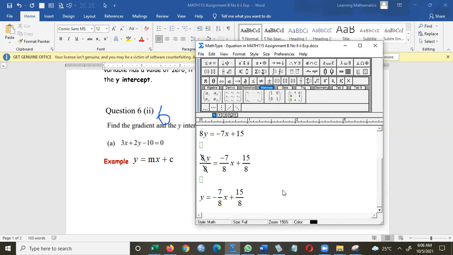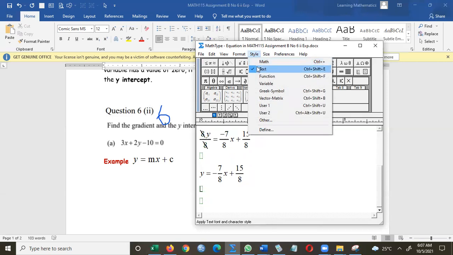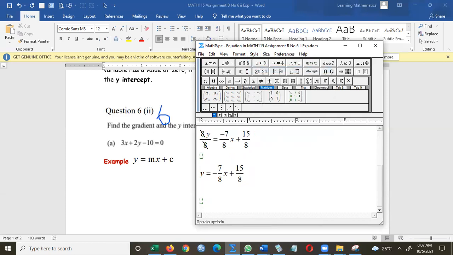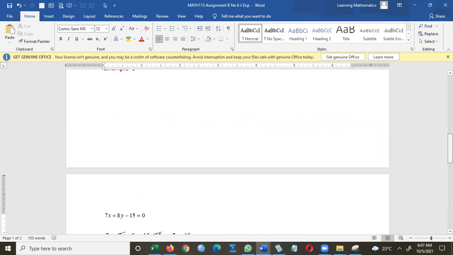So clearly now, once y is the subject, the coefficient of x will be the m, and the number by itself will be c. So therefore, we have to do this below there. That's where the example is. So let's enter this.